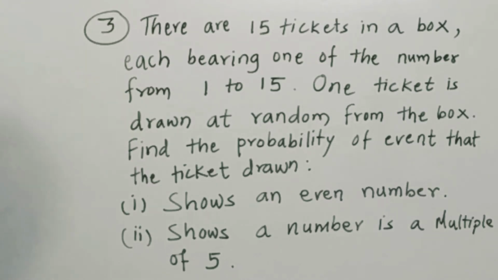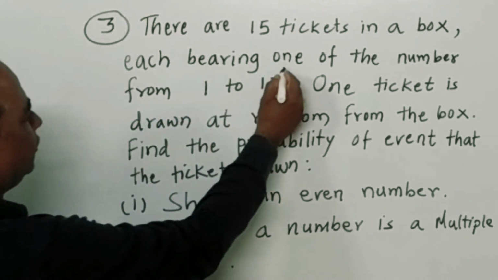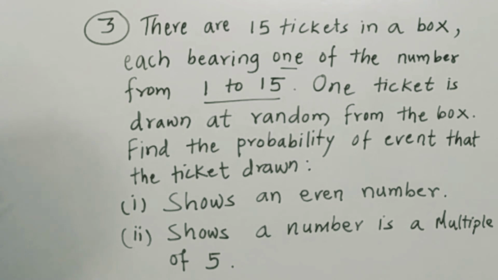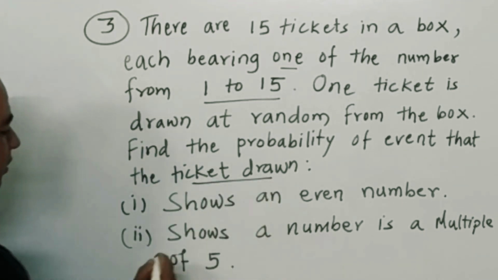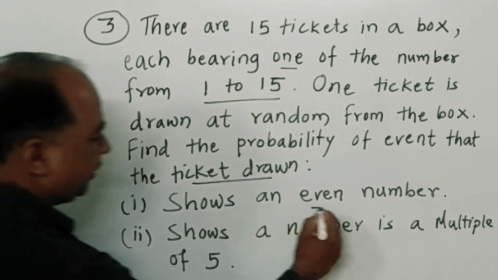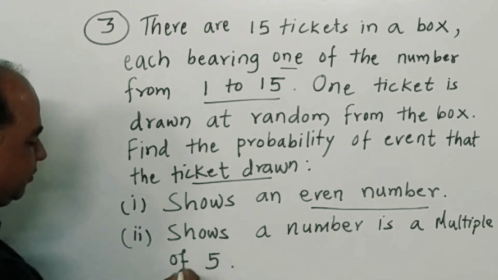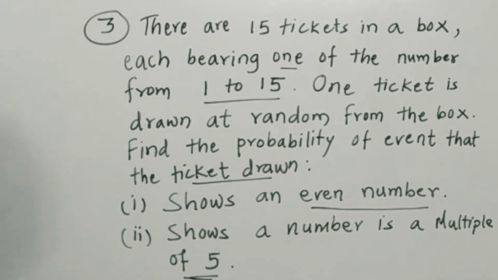Third example. There are 15 tickets in a box, each bearing one of the numbers from 1 to 15. One ticket is drawn at random from the box. Find the probability of the event that the ticket drawn shows an even number, and second, that the ticket shows a number that is a multiple of 5.